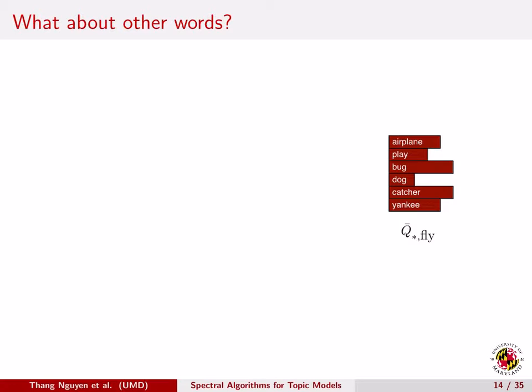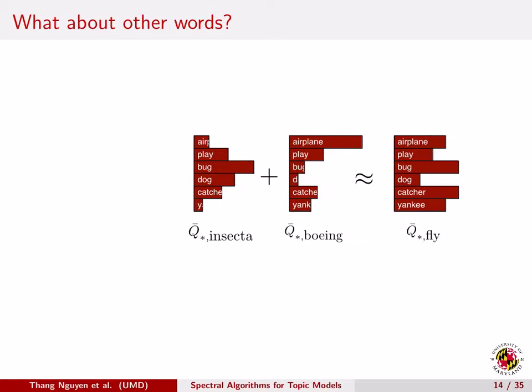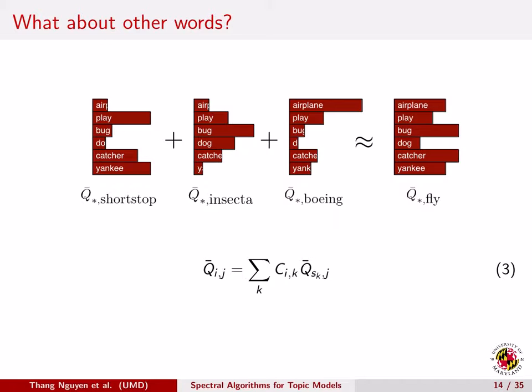So part of that might be that you have some aviation topic with the anchor word Boeing. That explains some of what you're seeing. You might have some topic about insects with the anchor word insecta. And you might have a baseball topic too, explaining some of that distribution. And if you add up all of these things, you can get the conditional distribution over words, given that you've seen fly in the context.